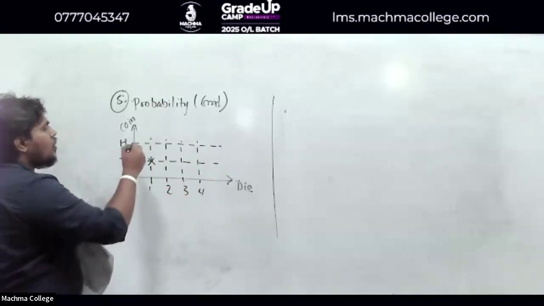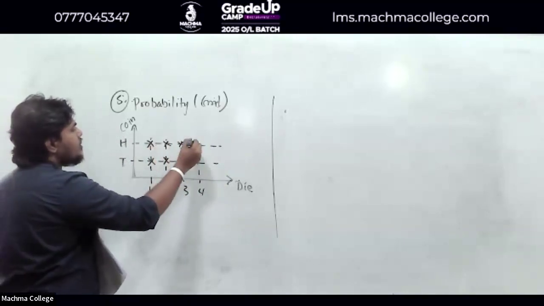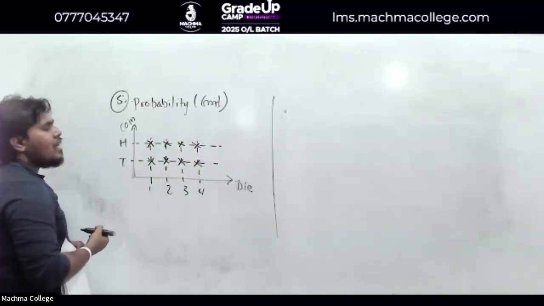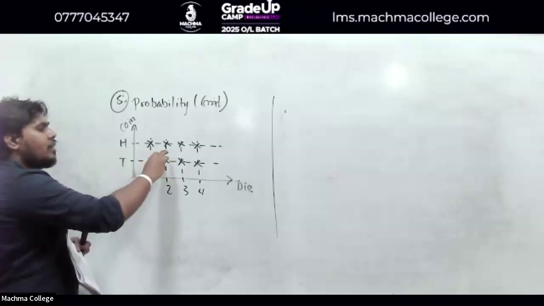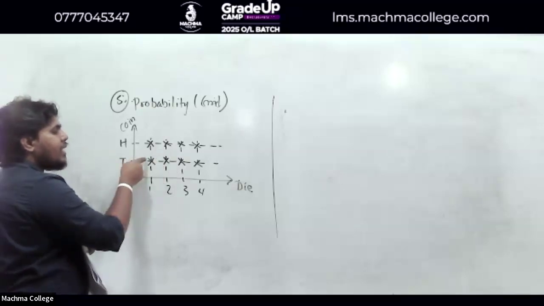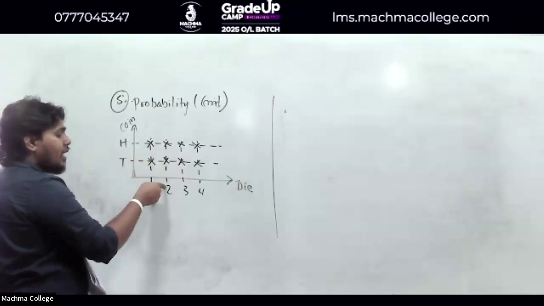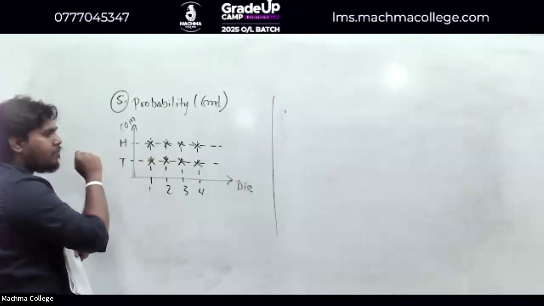The sample space will be marked like this. What does this element mean? It means getting 1 from the die and tail from the coin, or getting 2 from the die and tail from the coin.